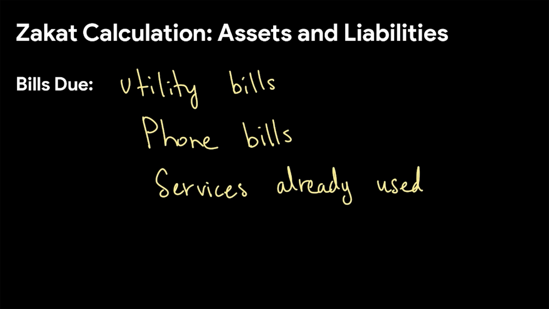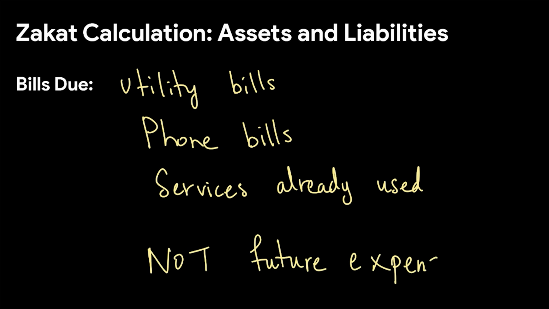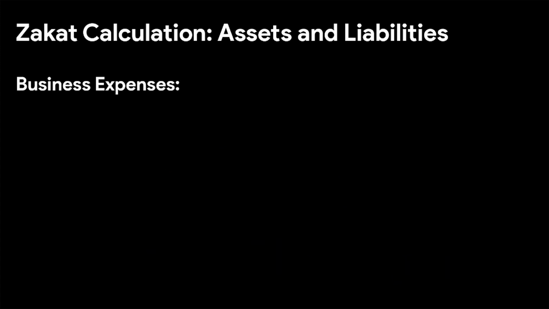So these bills can be deducted when you're calculating zakat, and only bills that are currently due or overdue can be deducted, not future expenses. So you can't just deduct the entire year's worth of bills from zakat, only ones that are currently due or overdue.